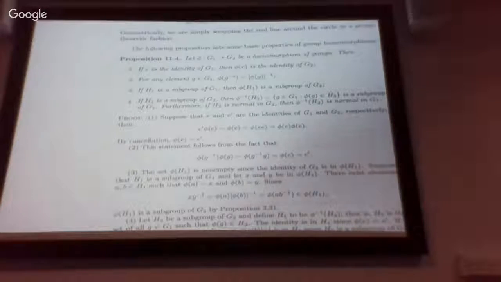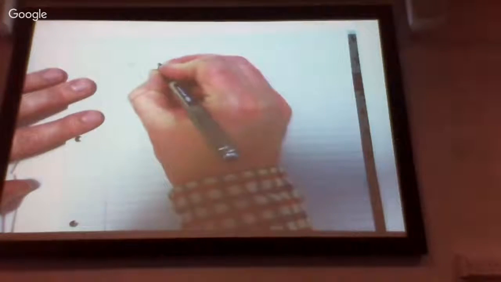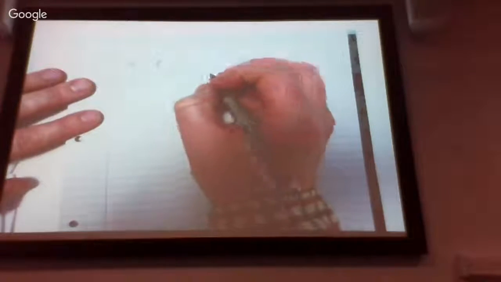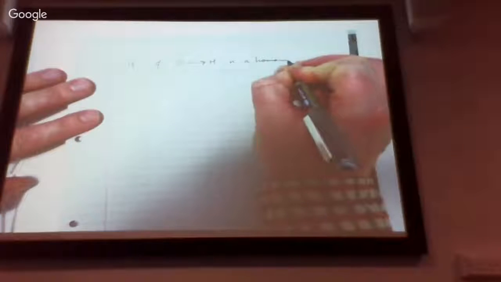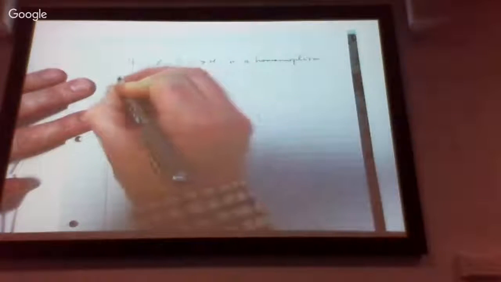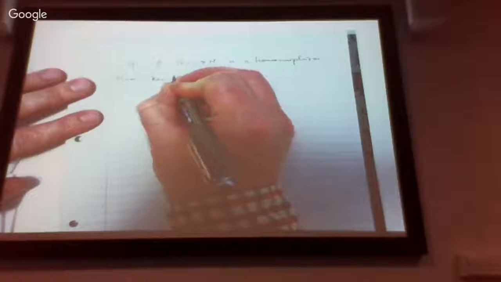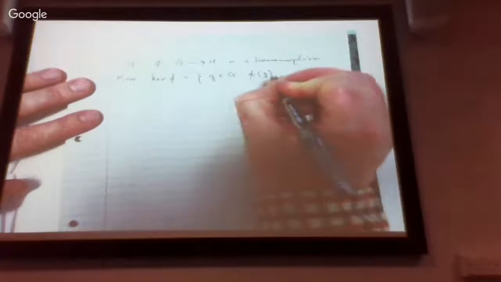So coming then to what we're going to look at today. We begin by looking at the definition of kernel. If phi from G to H is a homomorphism, a group mapping, then we can define this subset, the kernel of phi, which is the set of everything within G that gets sent to the identity.